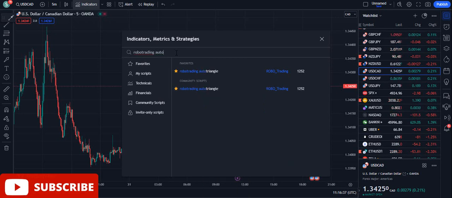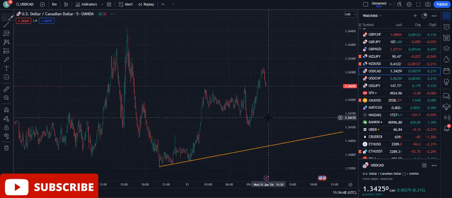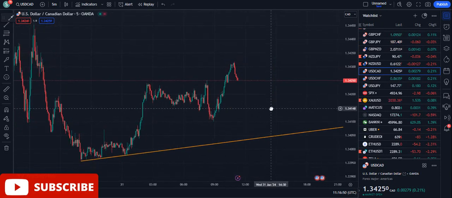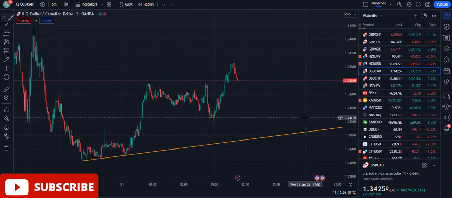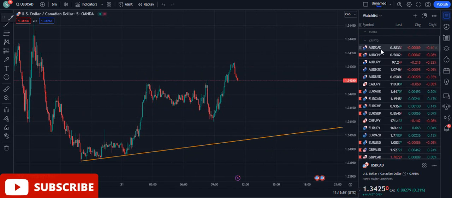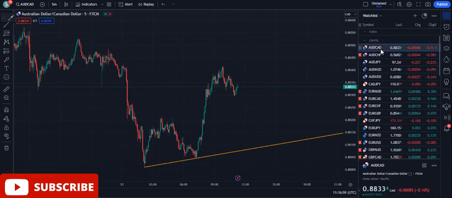So: robo trading, space, auto, and this will come: robo trading auto triangle by robo trading. If I click this indicator, now you can see the trend lines are automatically on my screen, and these are 100% automatic, right?